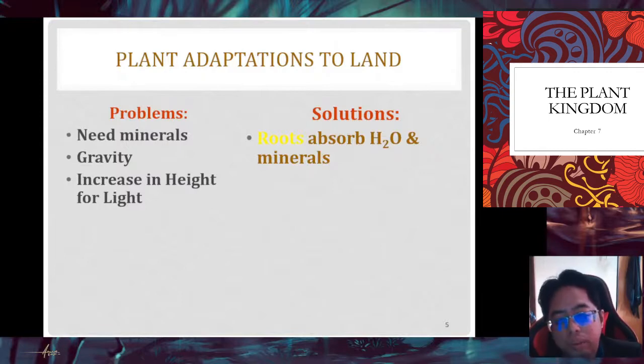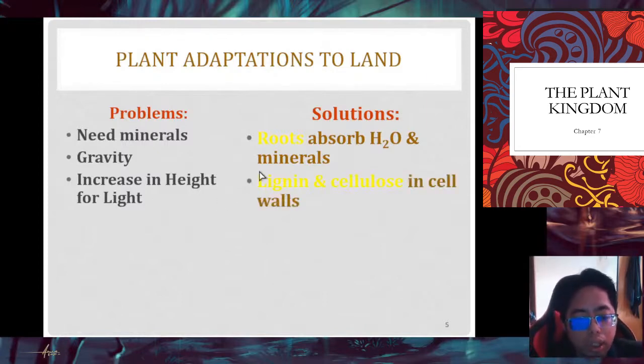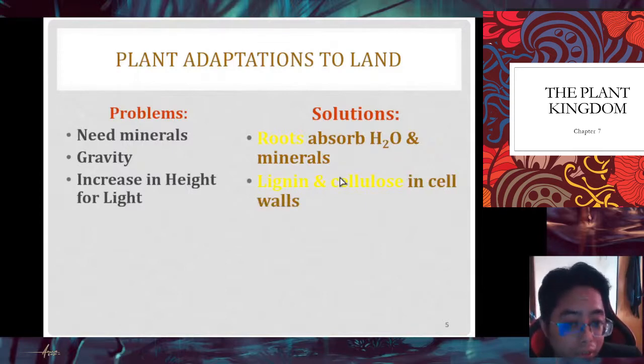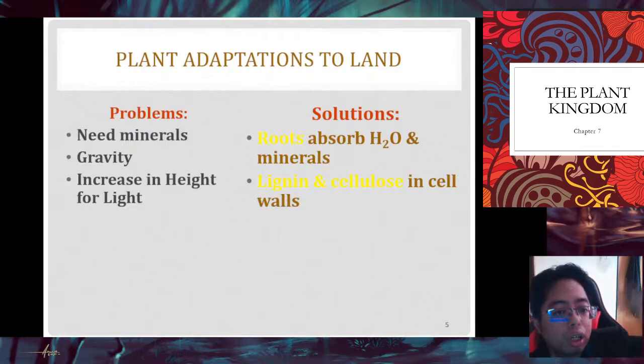So they need to be stronger. Other than that, light is really hard to get, so they need to become taller and taller. So they have lignin and cellulose in their cell walls. Lignin and cellulose make the plant cell tougher, and because they're tough, they can build all the way up, taller and stronger.